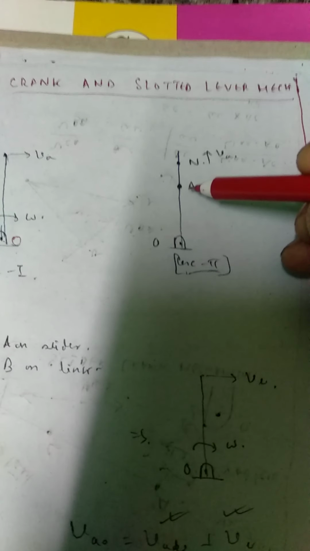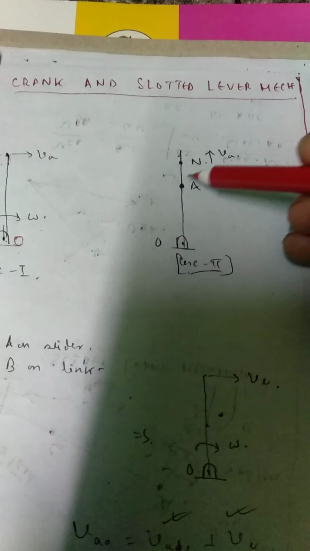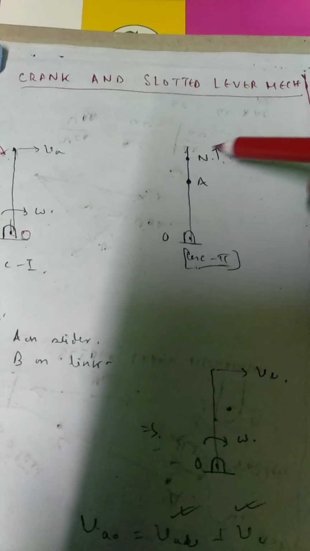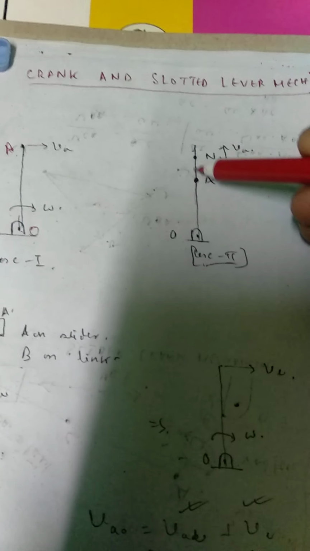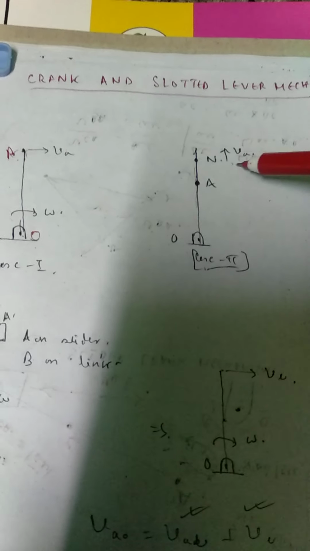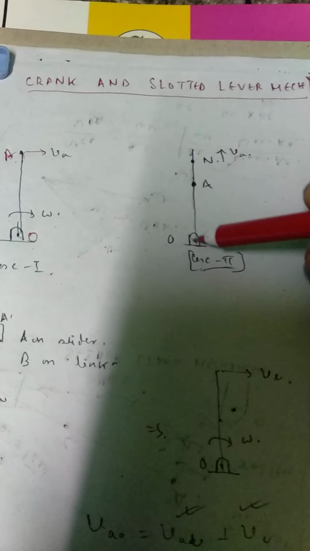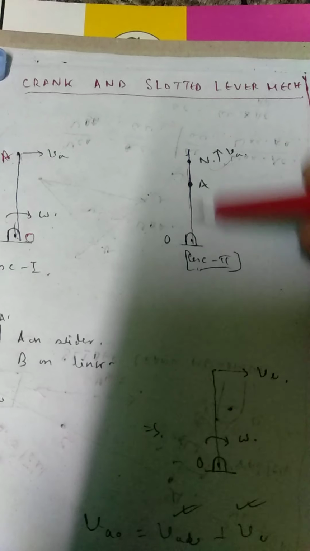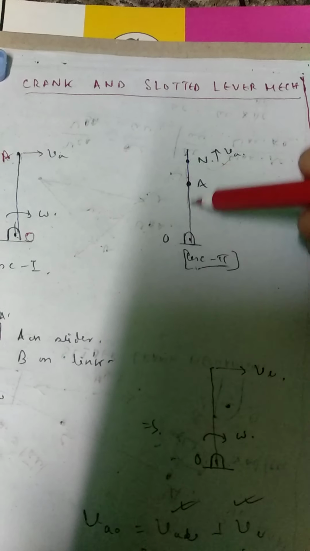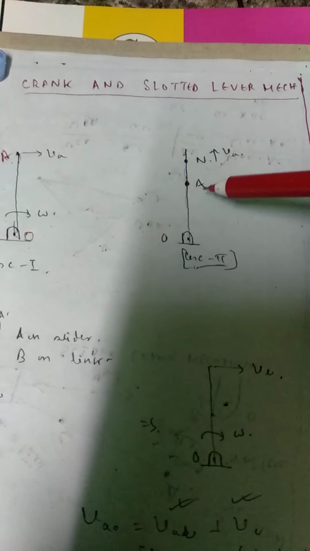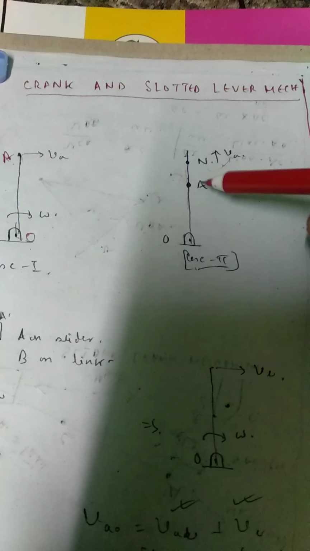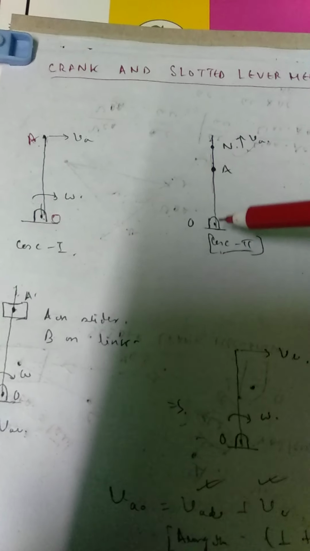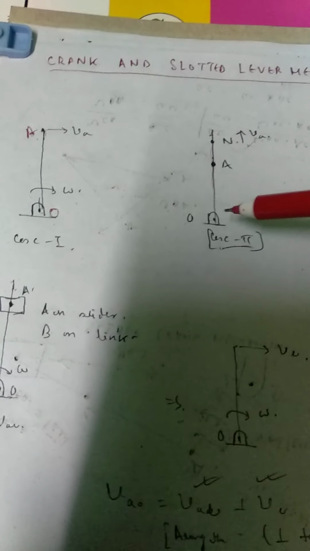The velocity VA will always be along the direction of the link, as the link is fixed and not able to rotate, and the point is able to move along its length.